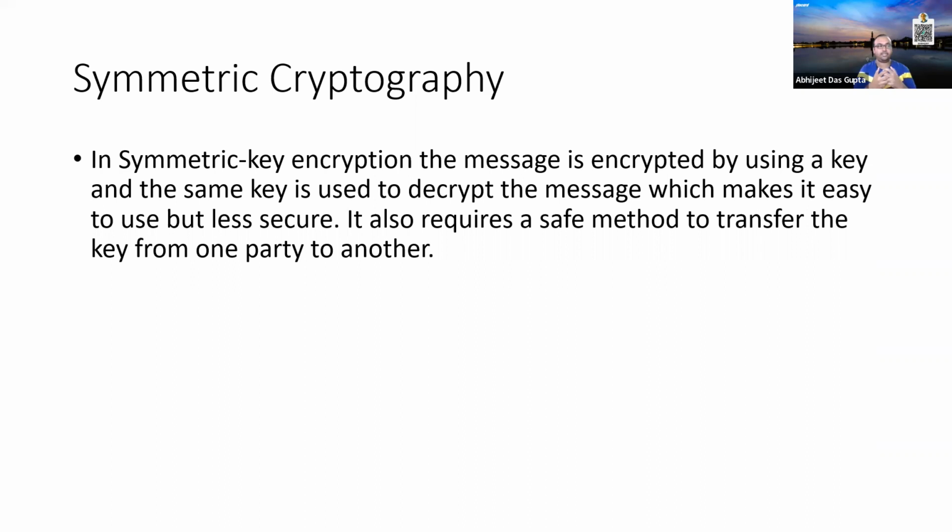The key that we talk about can be of different sizes depending on which algorithm you're using. In symmetric and in asymmetric, we have different algorithms which we can leverage. For example, in symmetric we have encryption algorithms like AES, which is Advanced Encryption Standard, then DES, which is Data Encryption Standard.